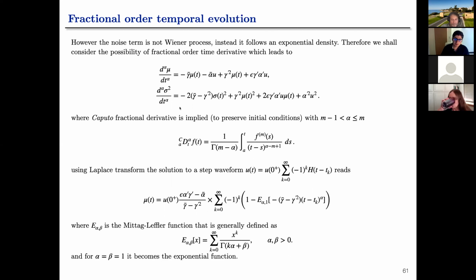But then there is some arbitrariness here because there are many definitions for the fractional order derivative. We use the Caputo fractional derivative because it preserves the number of initial conditions. For example, if you are looking at a first order differential equation, physically you only need one initial condition, but the other definitions require more than one. So this is the one that is favored physically, and that's the one we use.